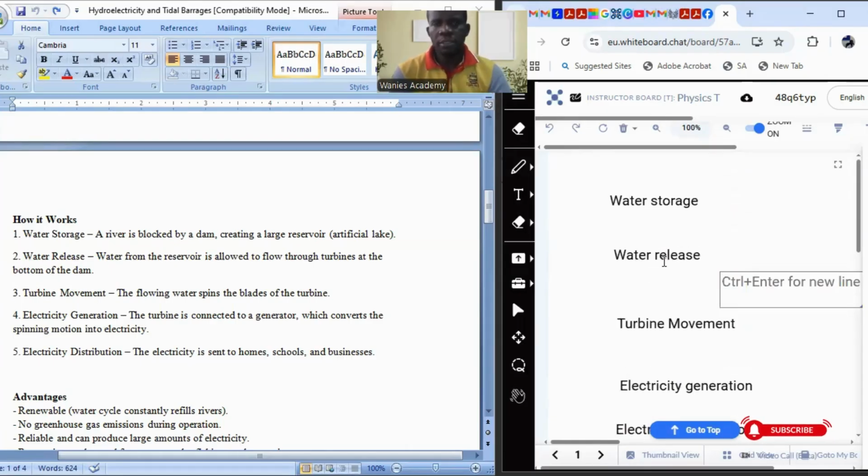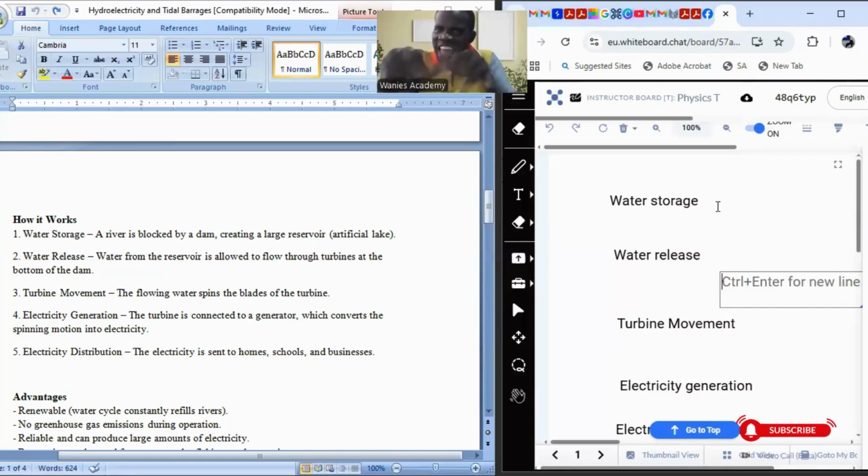Number 1, water storage. A river, just like in the diagram I showed you before now, is blocked by a dam. When this dam is constructed, it blocks the flow of water in the river. As the water is blocked, it creates a reservoir known as an artificial lake.